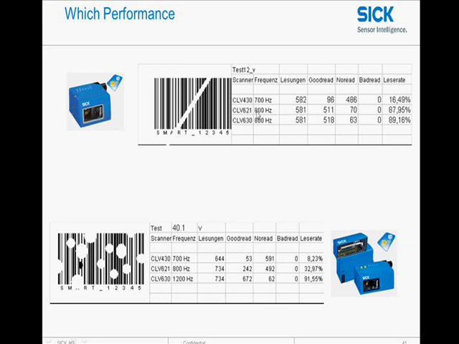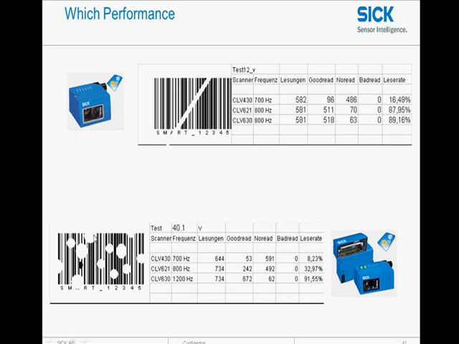Our new series scanner, the CLV621, which is actually an entry-level scanner, got only 70 no reads, or the CLV630, which was pretty good, it still got 63 reads. So for faults like that, the CLV620, which is the entry level, or the 630, which is the performance scanner, both worked as well. Not a massive difference, but for some people that could be important.